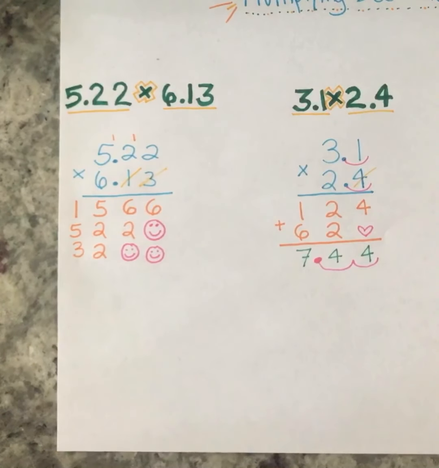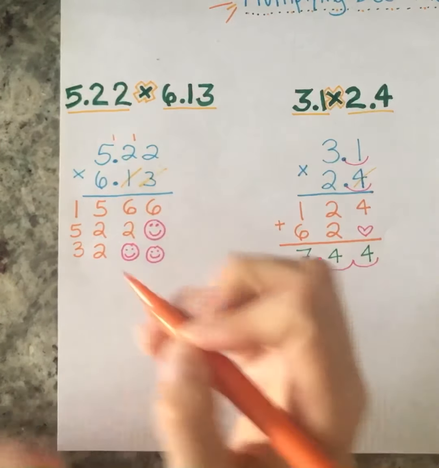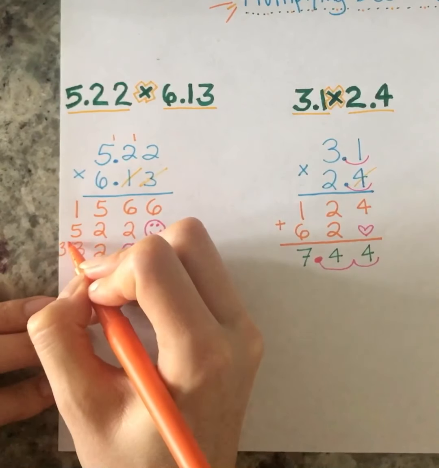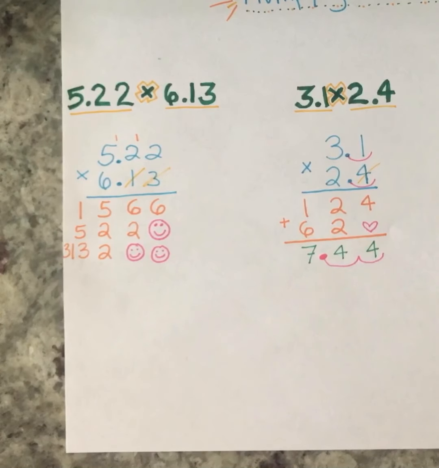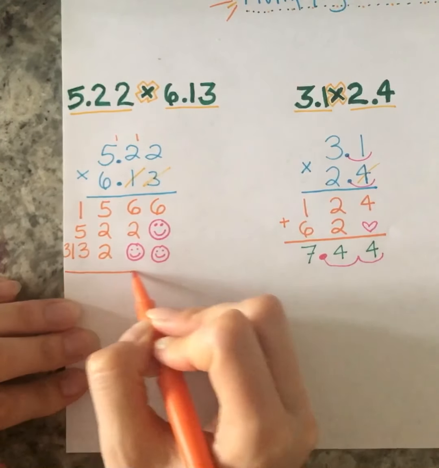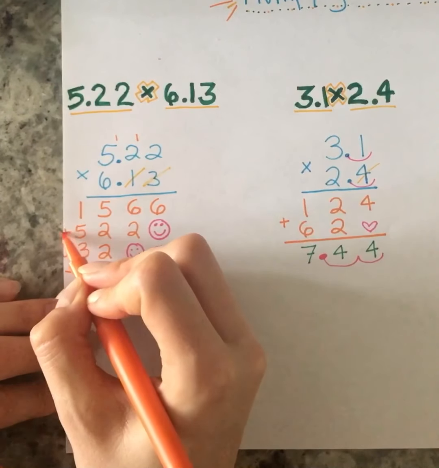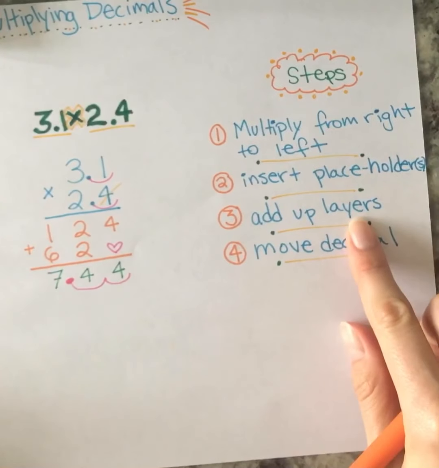And 6 times 5 is going to be 30, and we have plus 1, so it's going to be 31. All right, there's a little squish there, but you can see that that's what we have. So now we're going to add up our layers.